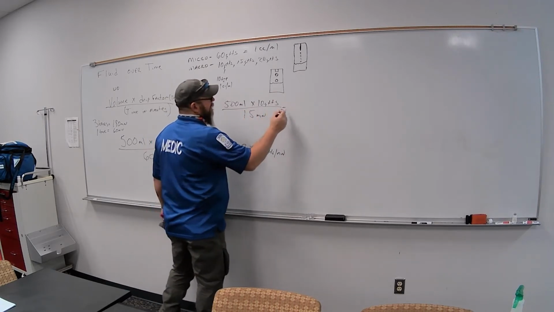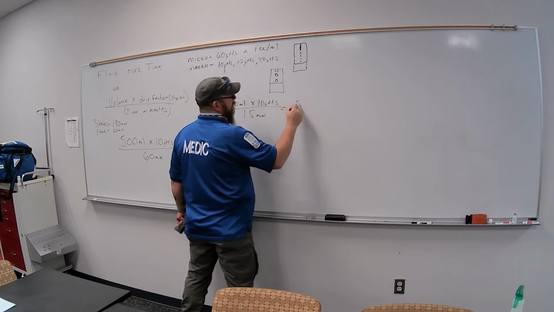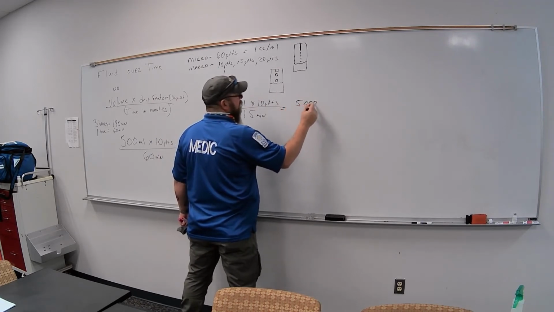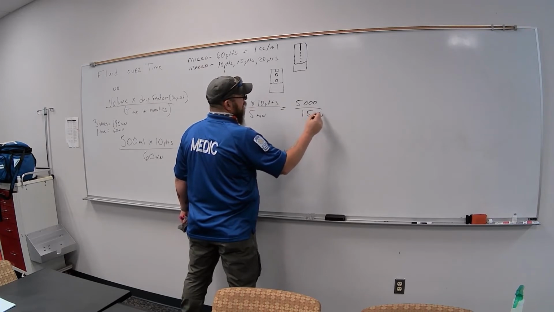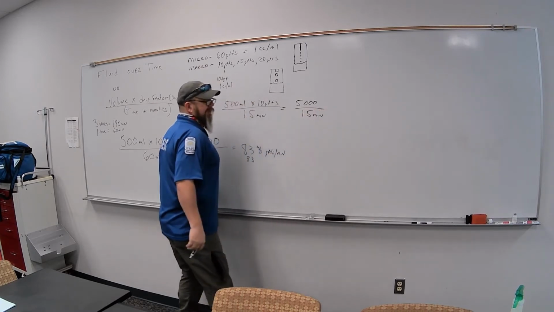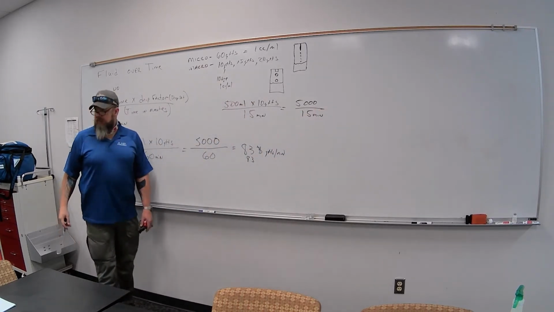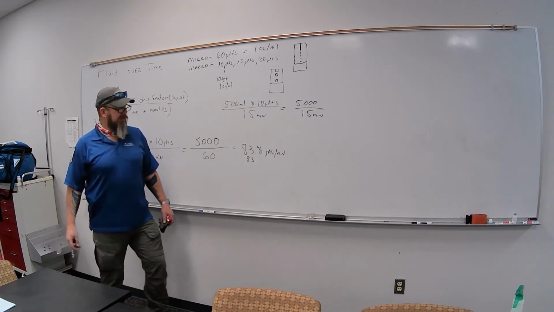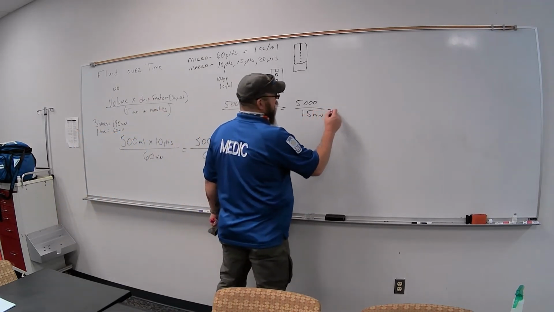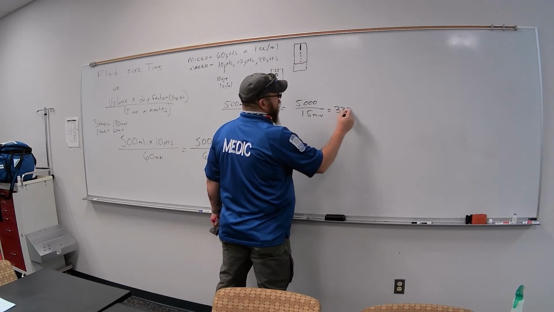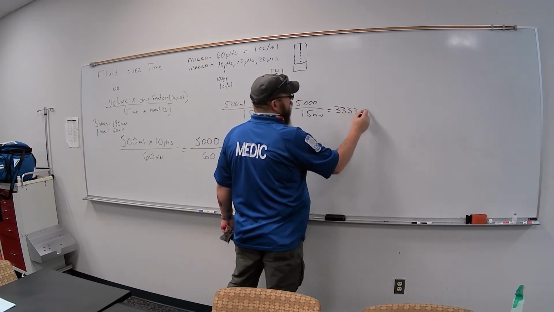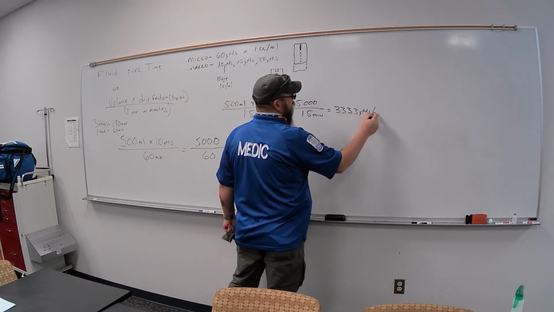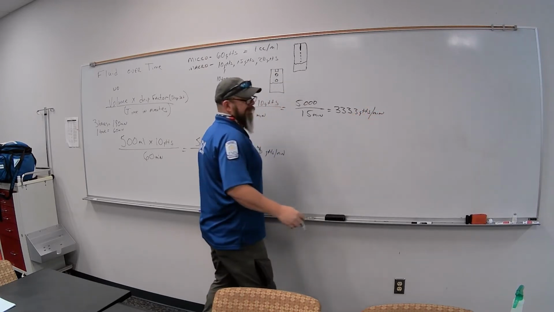So that's still going to give me the same 5,000 over 15 minutes. What's your answer going to be? 333.333. About 333.3 repeating drops per minute. Right?